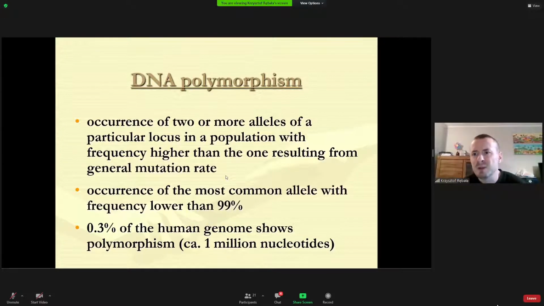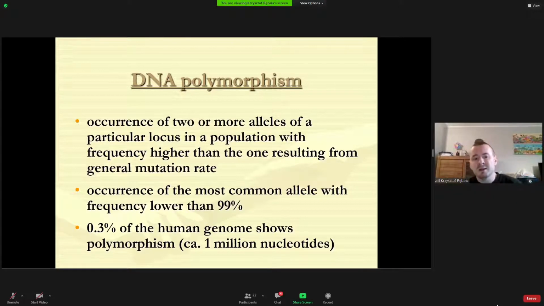Because it's quite difficult to assess what frequency is higher than that resulting from the mutation rate, it is assumed that DNA polymorphism means occurrence of the most common allele with frequency lower than 99%. So everything which has frequency higher than 1% is considered polymorphism. Something which is lower is, by definition, considered a mutation.